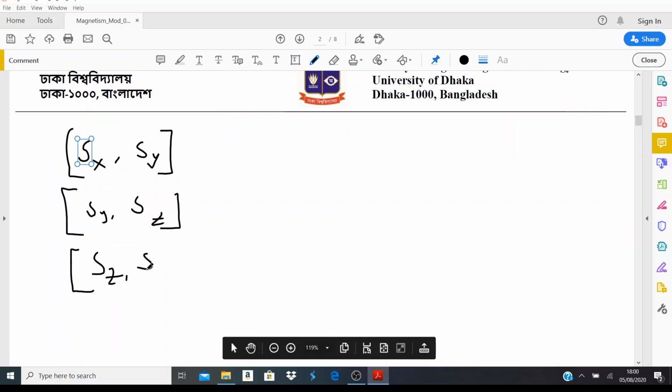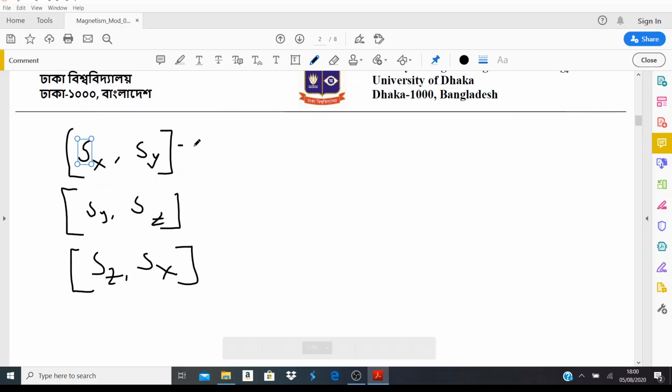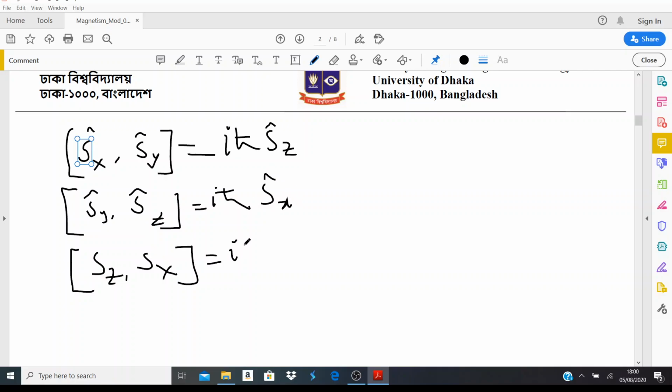So that's Sz, Sx, and these are i h bar Sy. So we have Sx, Sy, this one is i h bar Sz, and every one of them is an operator. We have Sy, Sz, and on the right-hand side we have i h bar times Sx. So you can see a cyclic pattern.